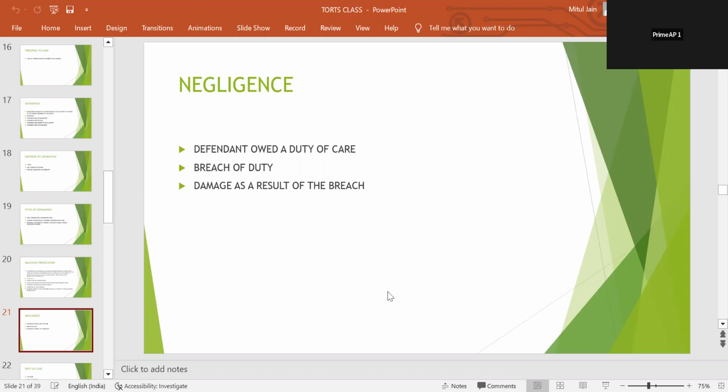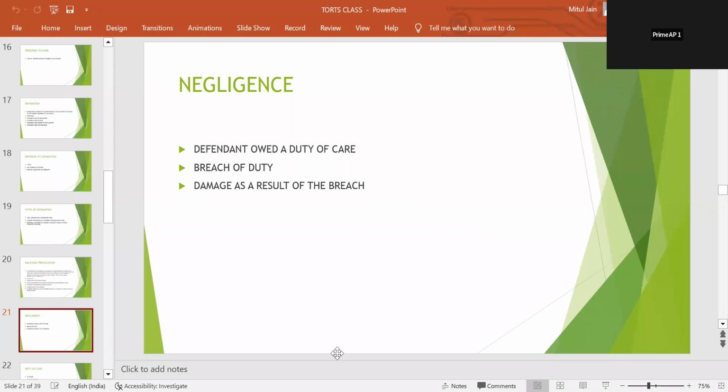Now, what is also interesting to see here is that negligence under law of torts can only be proved or can only be committed once the three essentials are fulfilled. What are those three essentials?